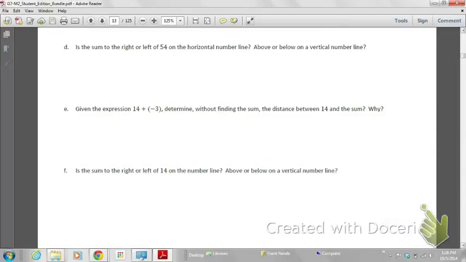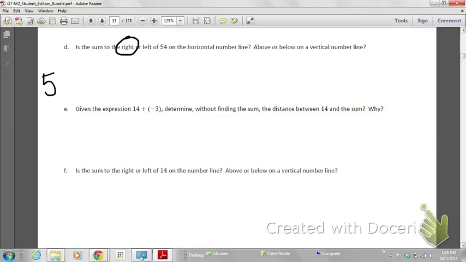And you probably got that. So here's D, continuing on this example of 54 plus 81. Is the sum to the right or left of 54 on the horizontal number line? Of course you know it is to the right, because you are adding.